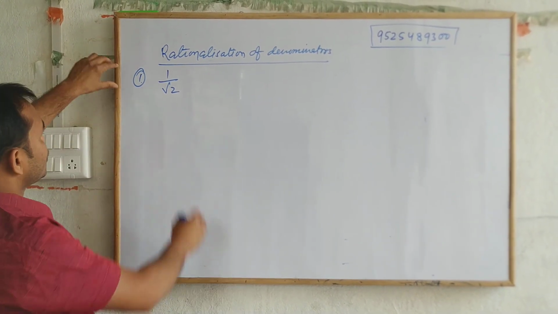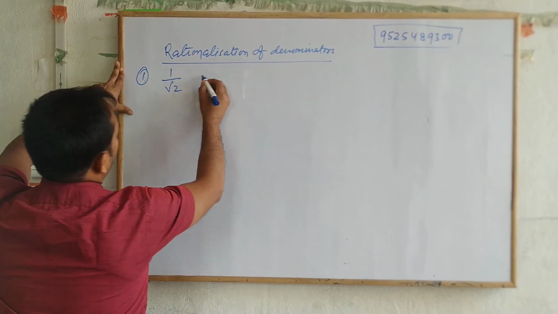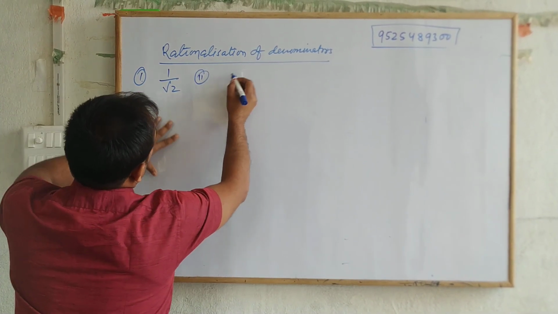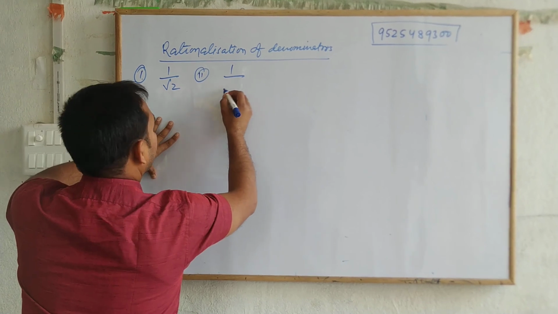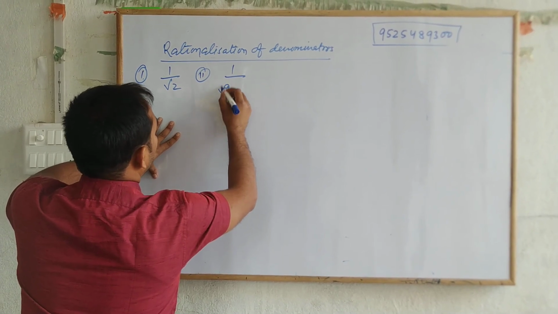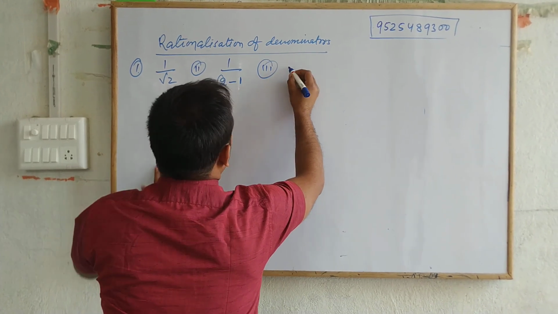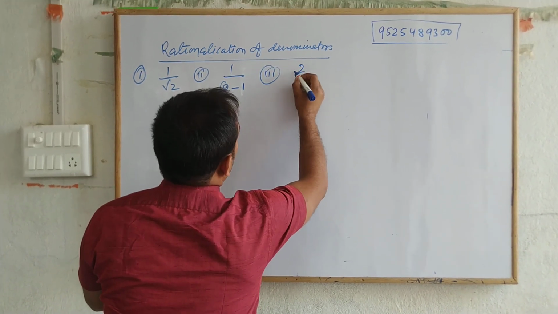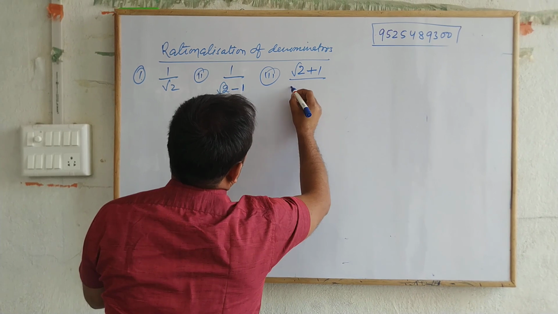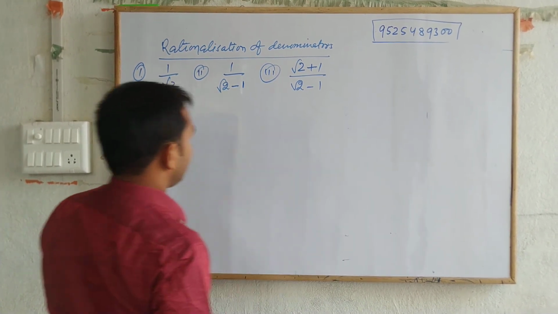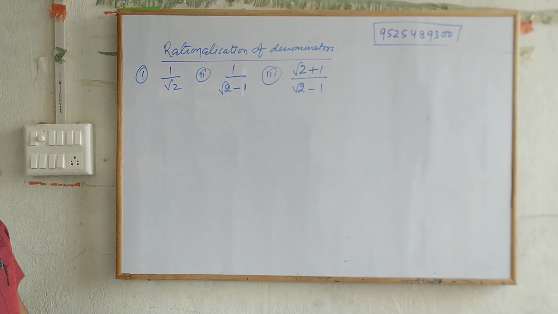This is the question, 1 by root 2. Question number 2: 1 by root 2 minus 1. The next question is what? 2 root 2 plus 1 by root 2 minus 1. These are the three types of questions.